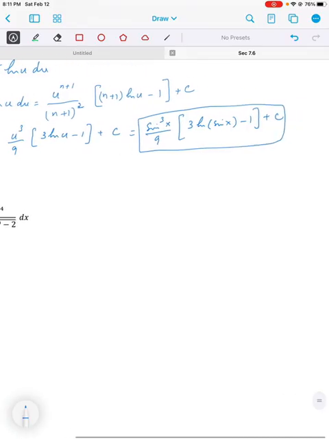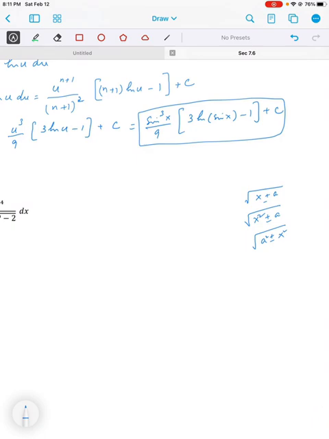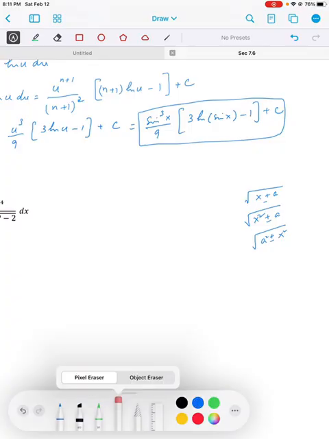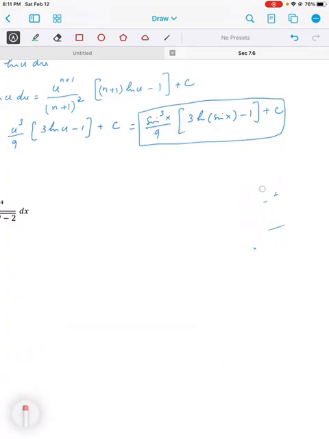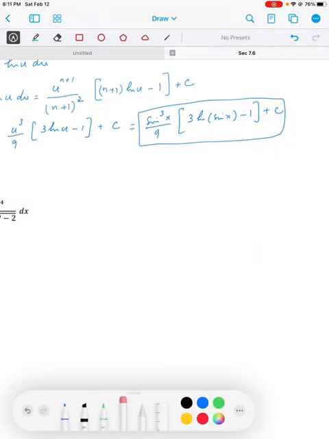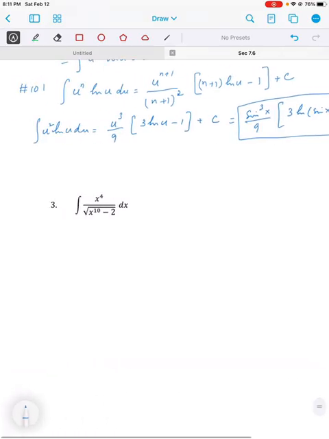Again, if you look in the table, you will notice that you might have problems where inside the square root you have a single variable plus minus a number, or you might have like a x squared plus minus a, or you might have like an a squared plus minus x squared, but not x to the 5 or x to the 10. So which is suggesting that we should make a substitution here, and also there is a variable on the top which also suggests what substitution should be made.